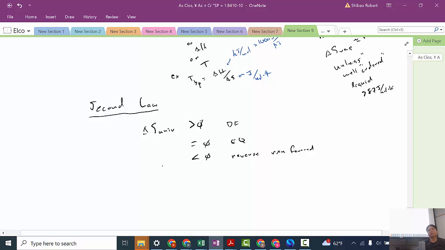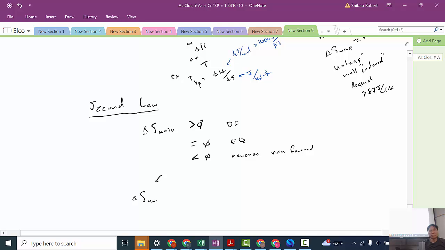Qualitatively, it's impossible, because how do we know if the entropy of the universe has increased or not? The system's easy, like I said. The problem is with the surroundings.